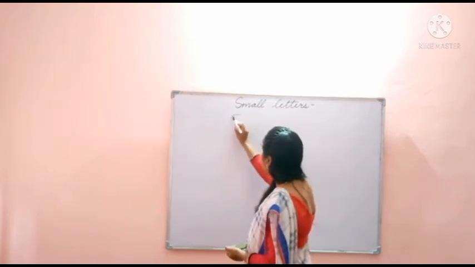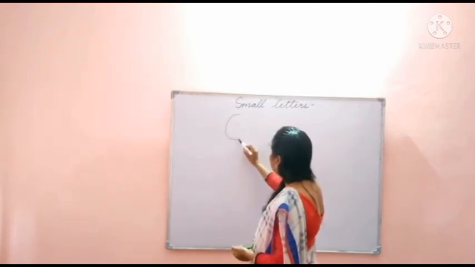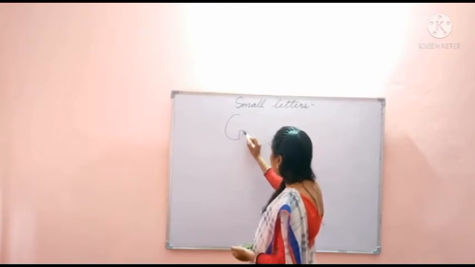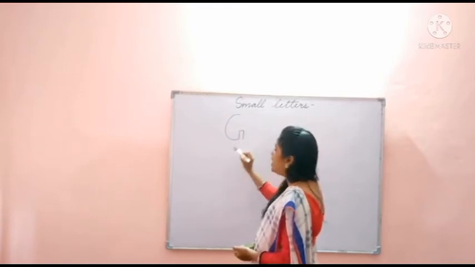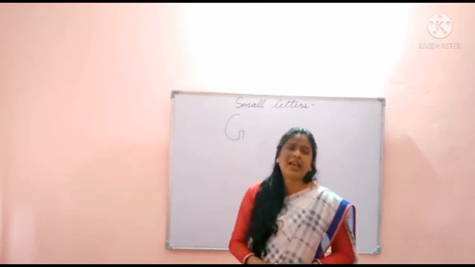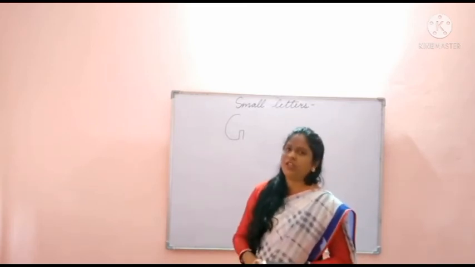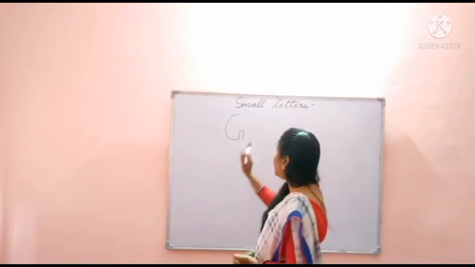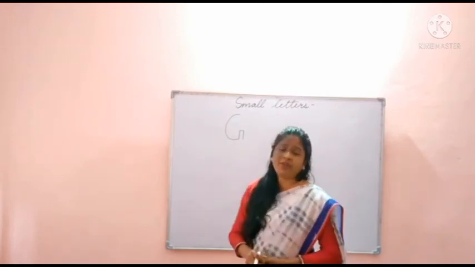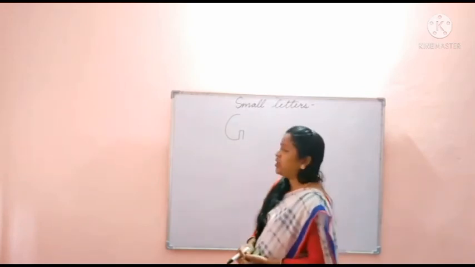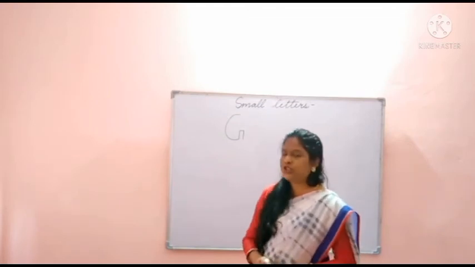So you make a curve and a standing line in between, then a small sleeping line in between, and then a standing line makes capital letter G. This is the way we write capital G. Now how to write small g?